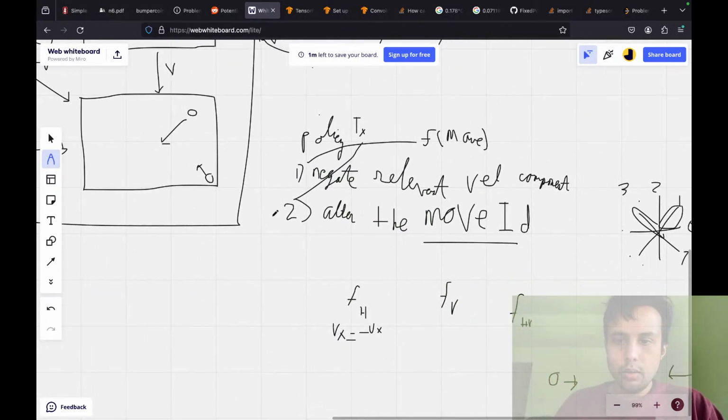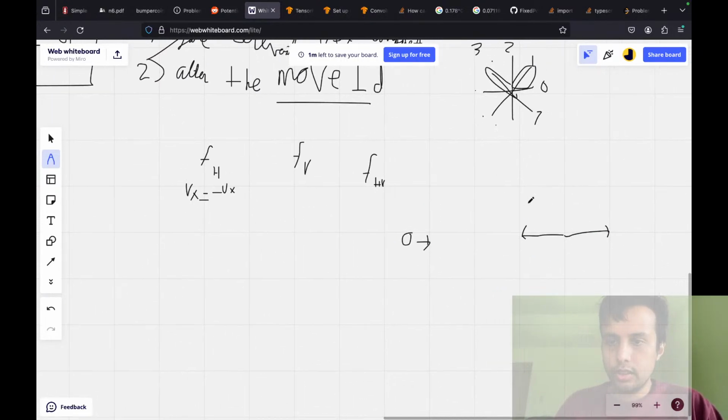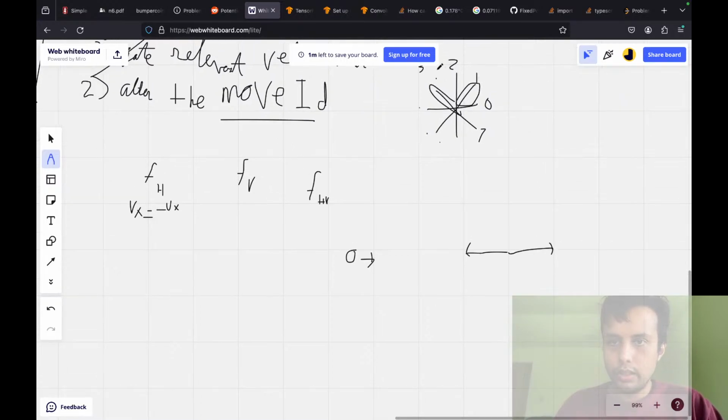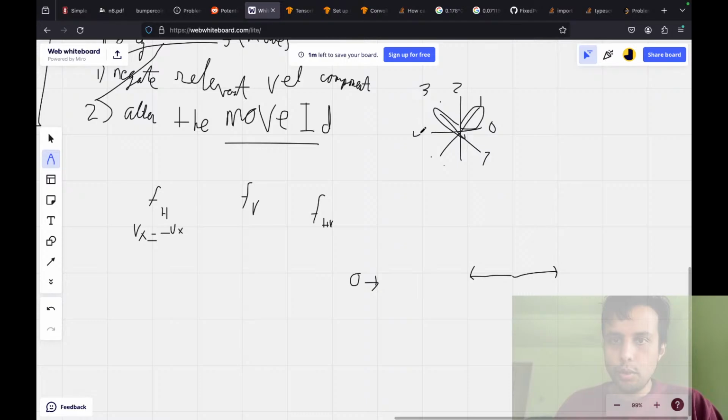We're only flipping the x component. So 0, 1, 2, 3, 4, 5, 6, 7. All these lines are arrows pointing outwards away from the center. So 0 maps to 4, right?